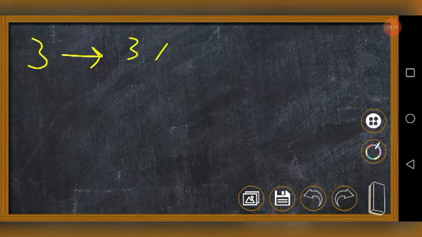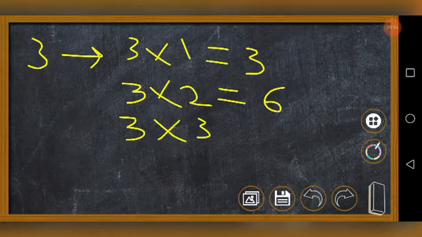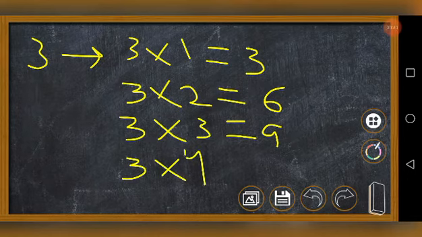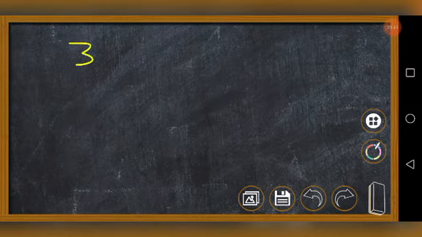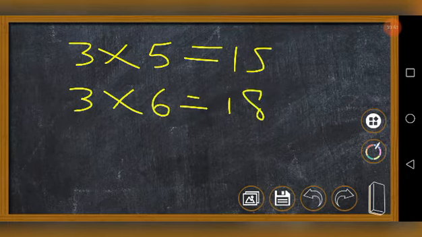So 3 times 1 equals 3, 3 times 2 equals 6, 3 times 3 equals 9, 3 times 4 equals 12, and 3 times 5 equals 15, 3 times 6 equals 18, and go on.